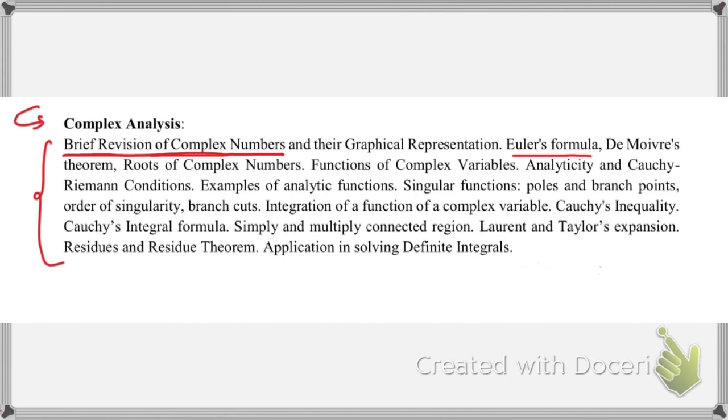A brief revision of complex numbers and graphical representation is going to be the topic of discussion in this video.